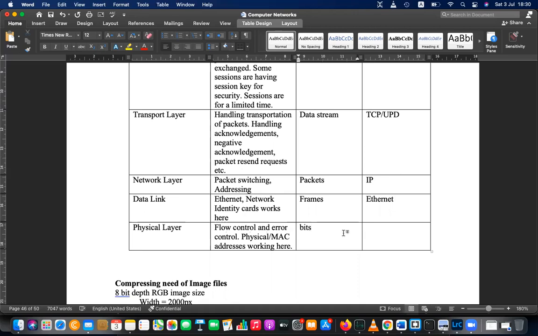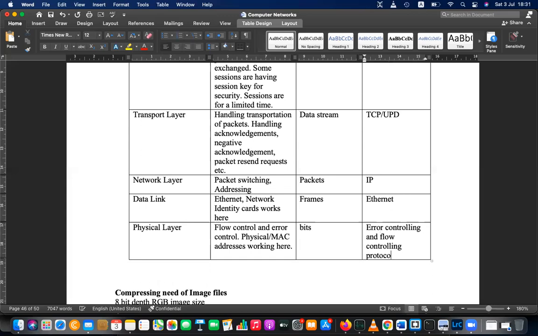Protocols like error control and flow control, such as CRC, cyclic redundancy check, work at this level. You don't have that, so don't worry. That is actually bit level errors and burst errors.